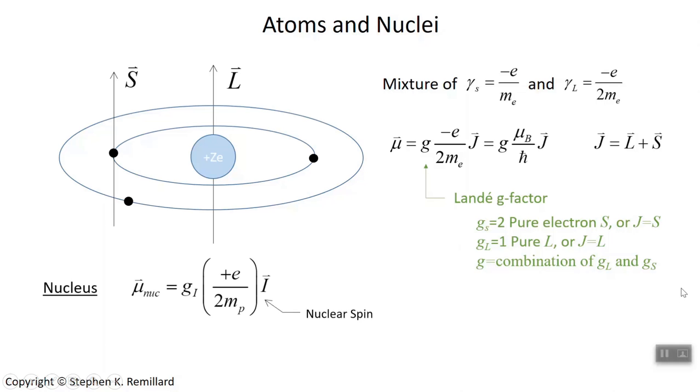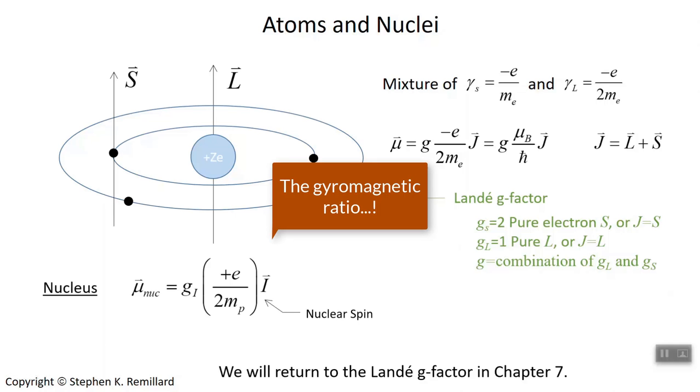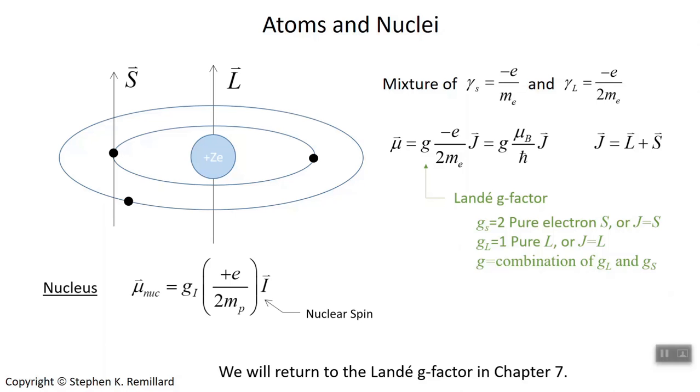In the case of the nucleus, you also have a Lande G factor. The gyromagnetic moment of a proton is e over twice the mass of the proton. The nucleus then will have a magnetic dipole moment that is equal to a Lande G factor that is just for the nucleus times this ratio times the nuclear spin. And typically capital I is used for nuclear spin.